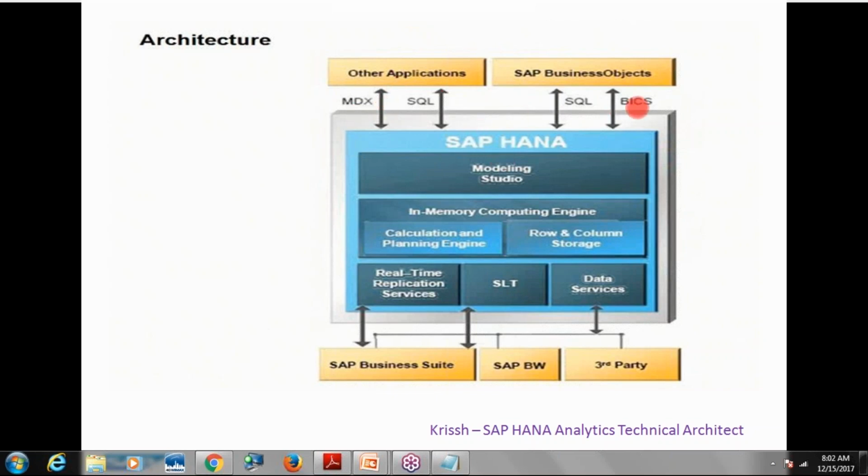These MDX, SQL or BICS are the connections from HANA to Business Objects and other applications. We have multiple reporting tools, and majorly I can see in the industry now Analysis for Office, Power BI, Tableau, Spotfire, Lumira, and then regular Business Objects. And Design Studio is pretty famous, along with the regular traditional tools as part of Business Objects. Those are the reporting tools. And how you are going to connect, there would be different connection types: SQL, BICS, or MDX.